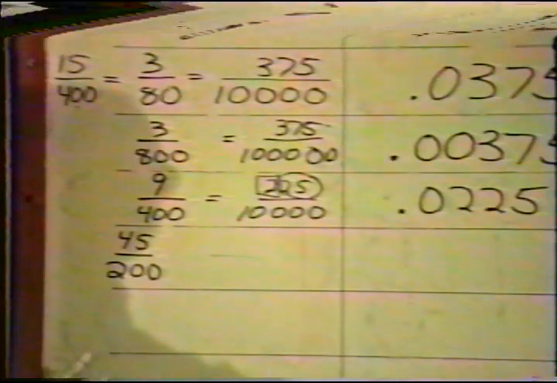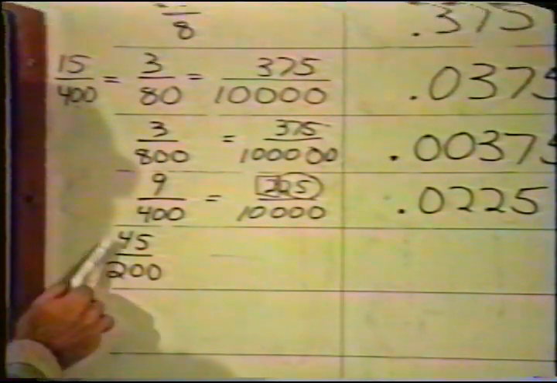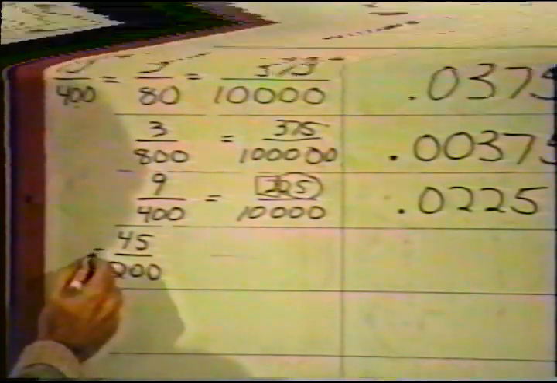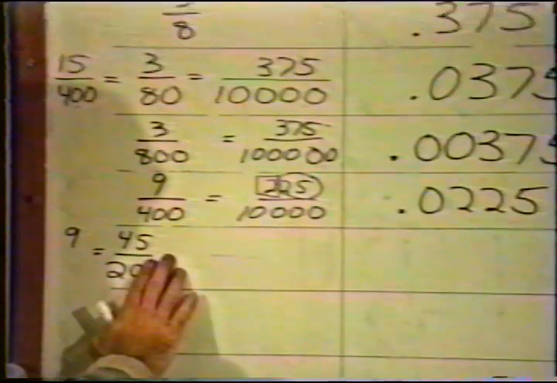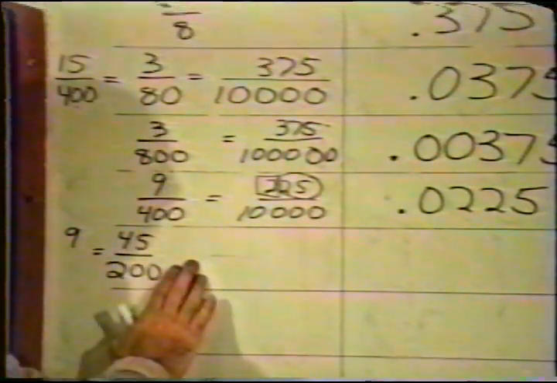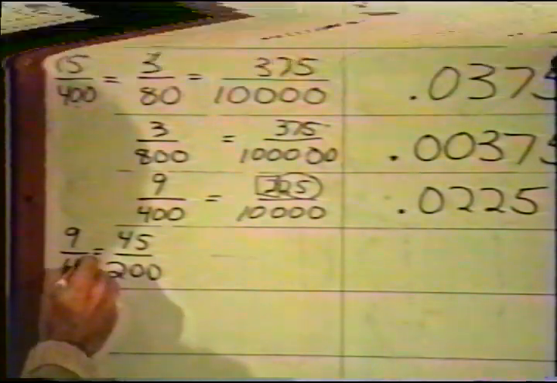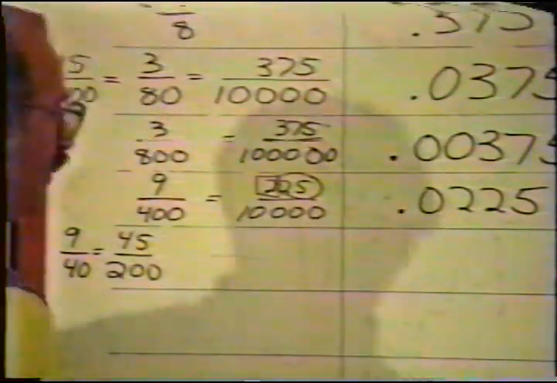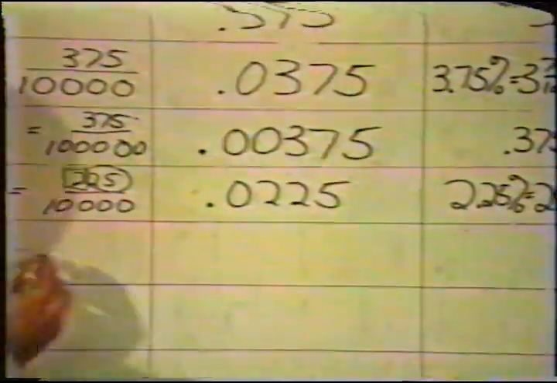How many 5s? 5s is the number we'll use. How many 5s are there in 45? 9. How many 5s are there in 20? 4, 40. 9/40. Well, we can work it back this way, or we can go this way.